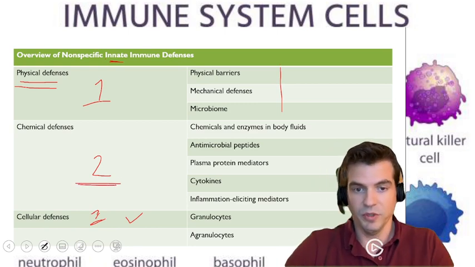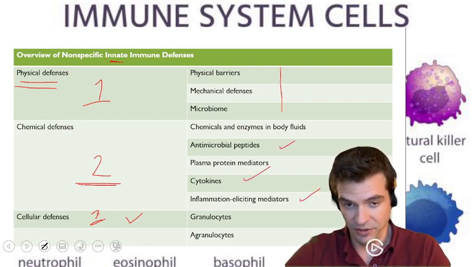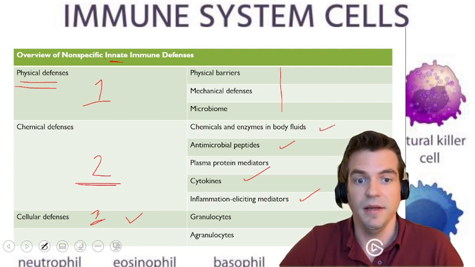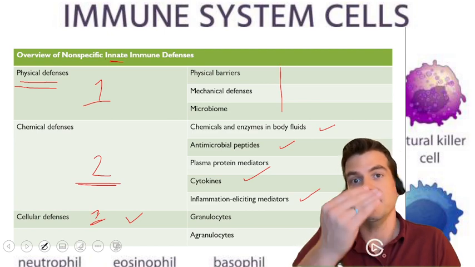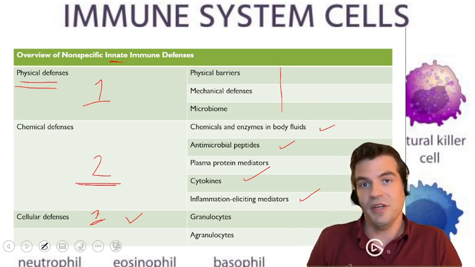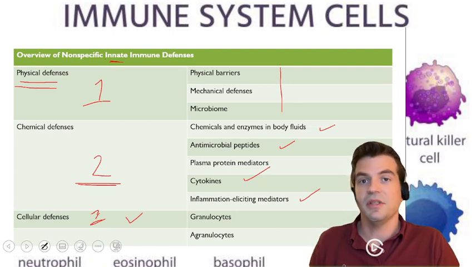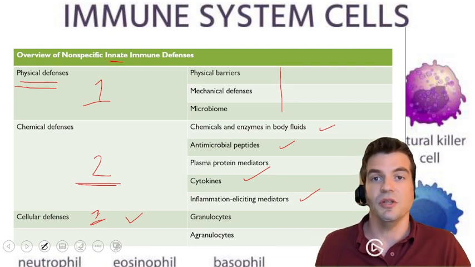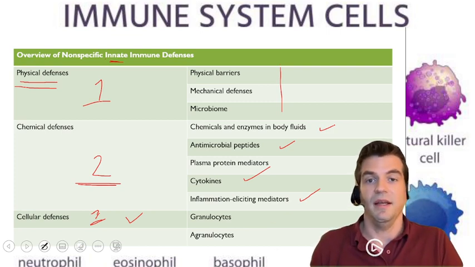We're talking about antimicrobial peptides, cytokines, inflammation factors, and chemicals and enzymes in the body. Whereas tears can flush and urine can flush, sometimes there are antibodies and chemicals and enzymes in those that also do additional things, and that would be the second line.